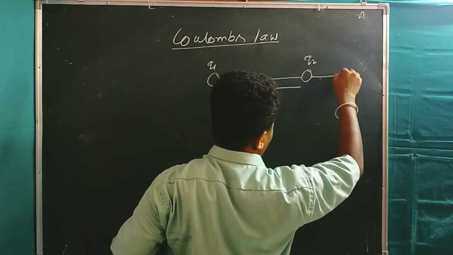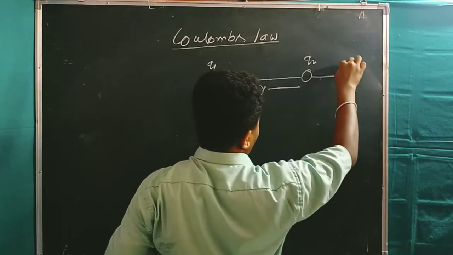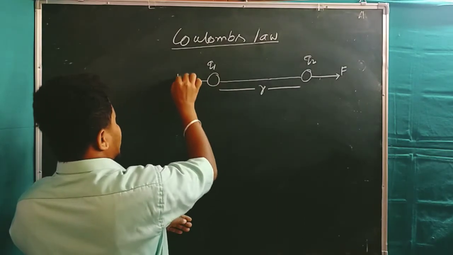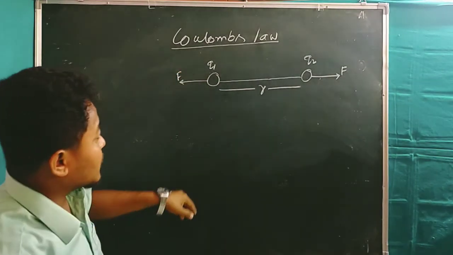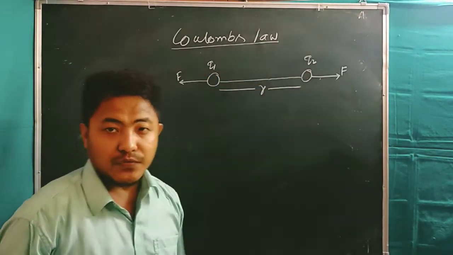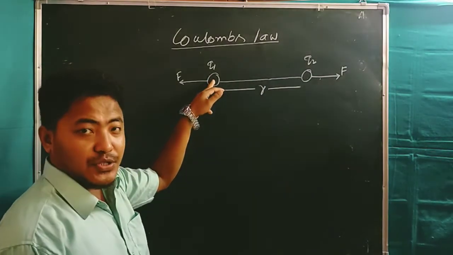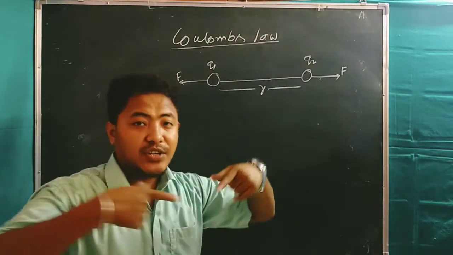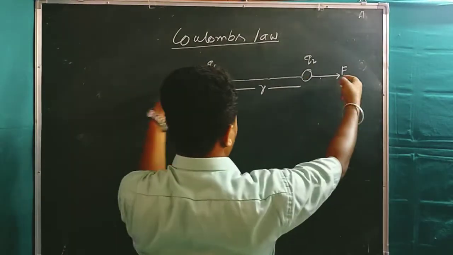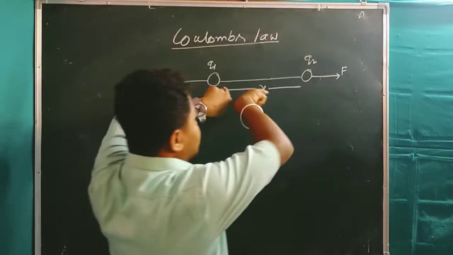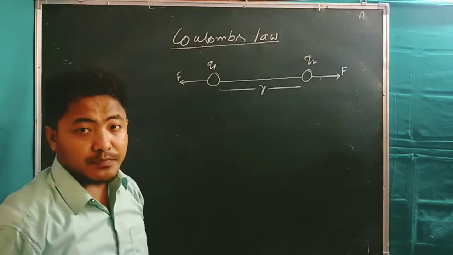The force will be applied in this direction. If one of the charges were negative, there would be attraction, and the direction of the force would come towards the center. Now this force is going away from the center.